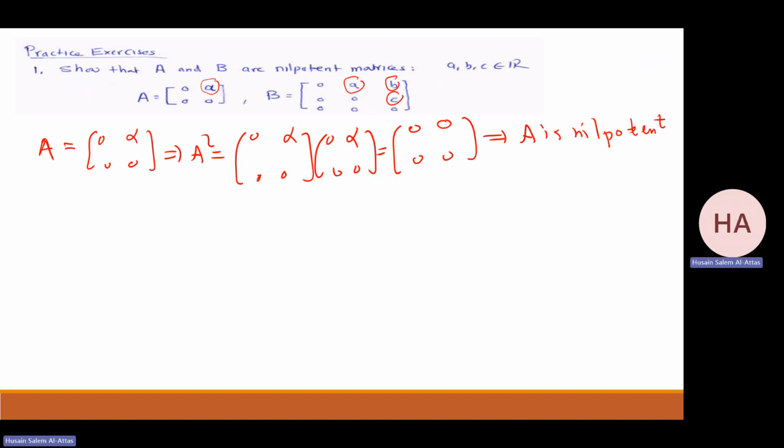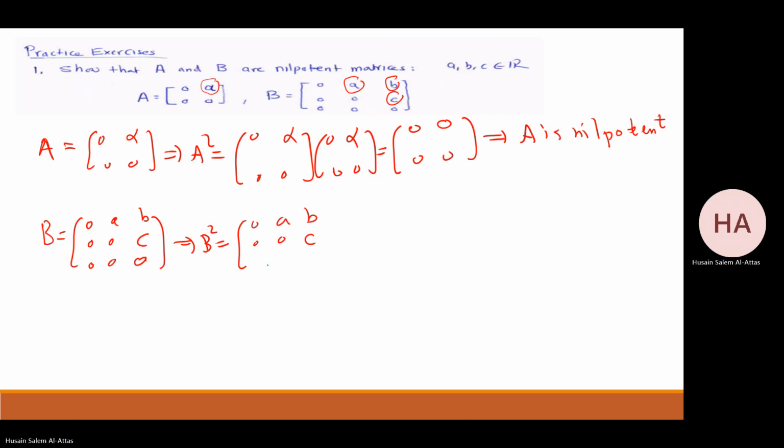Now, case 2, B: 0, a, b, 0, 0, c, 0, 0, 0. What will be B squared? I think with the cube, it will become a zero matrix. Let me do the calculation. This times this will be 0, 0. This one, 0 times b, and a times c, and b times 0.